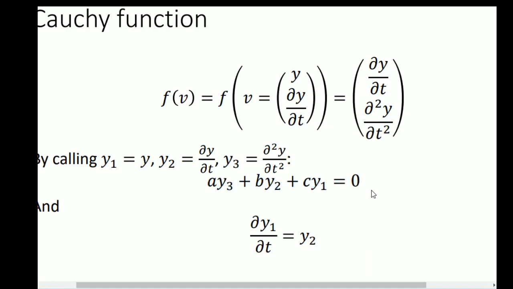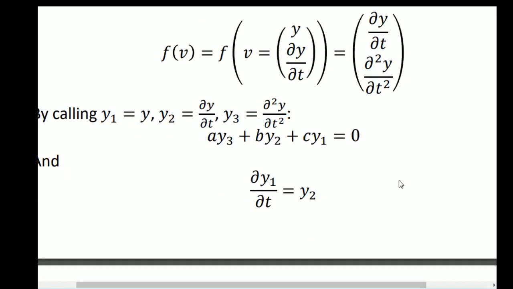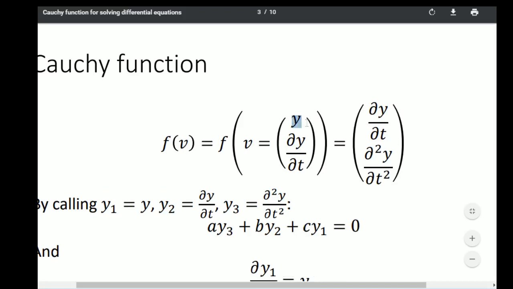This will be our first equation, and the other equation is just the definition of y, because if you differentiate y1, which is also y, you get y2. So when you differentiate y, you get the derivative of y over t, which is also the previous vector.